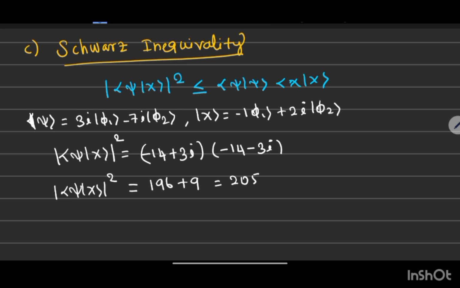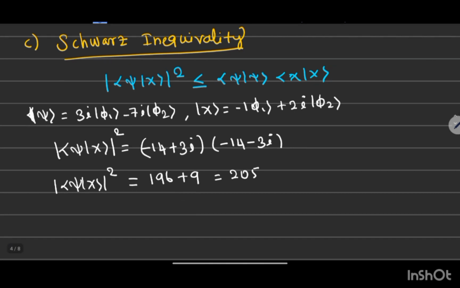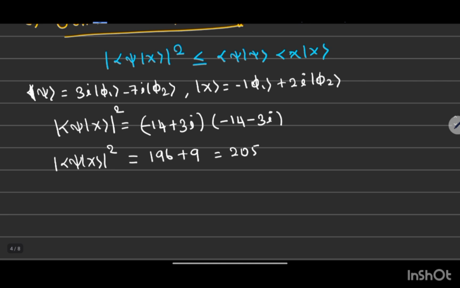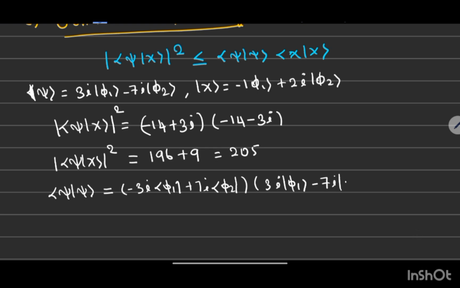Now, next, what is the scalar product of psi with psi and of chi with chi? We can immediately find the scalar product of psi with psi: minus 3i times phi 1 plus 7i times phi 2, times 3i times phi 1 minus 7i times phi 2.